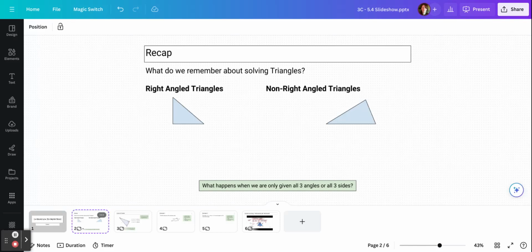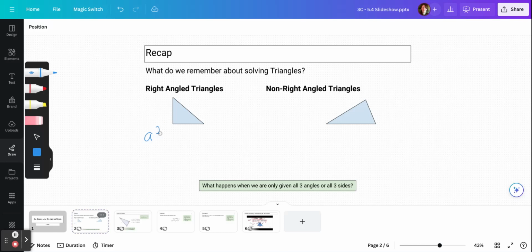So to recap, we know with right angle triangles, we can use a squared plus b squared equals c squared. We can also use SOHCAHTOA.